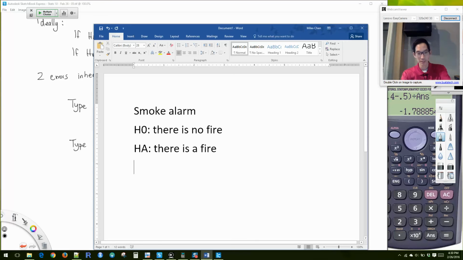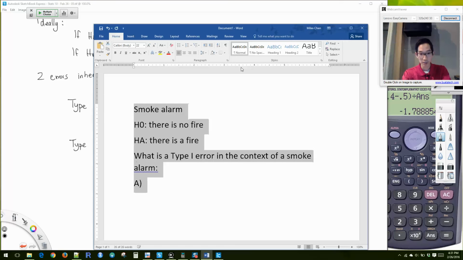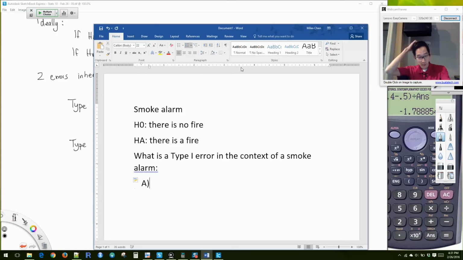Okay, all right, what is a type 1 error in the context of a smoke alarm? Your answer choices are, hang on, I gotta shrink my text here. A: there's a fire and the alarm makes noise.